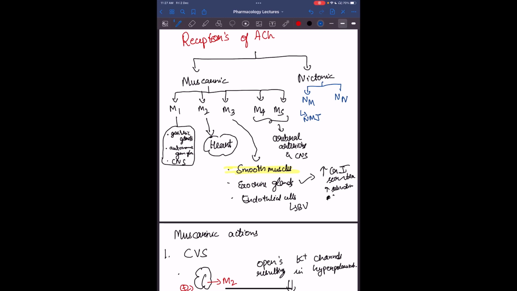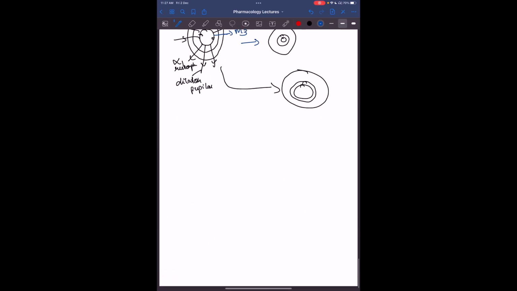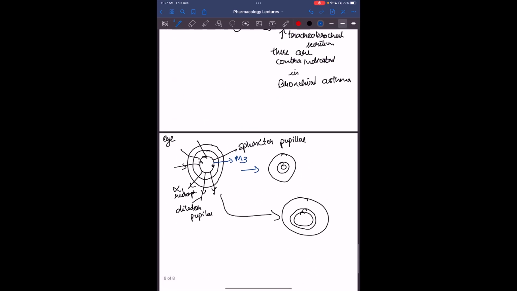NN is present in the adrenal medulla, where stimulation causes adrenal secretion, and in the CNS and autonomic ganglia. So let us end.